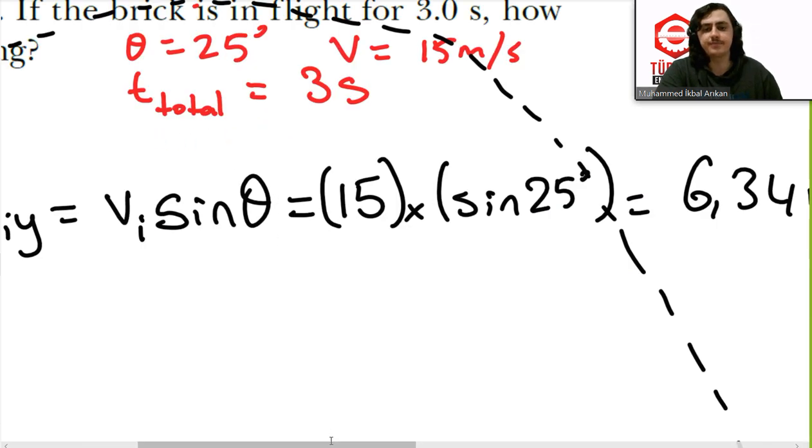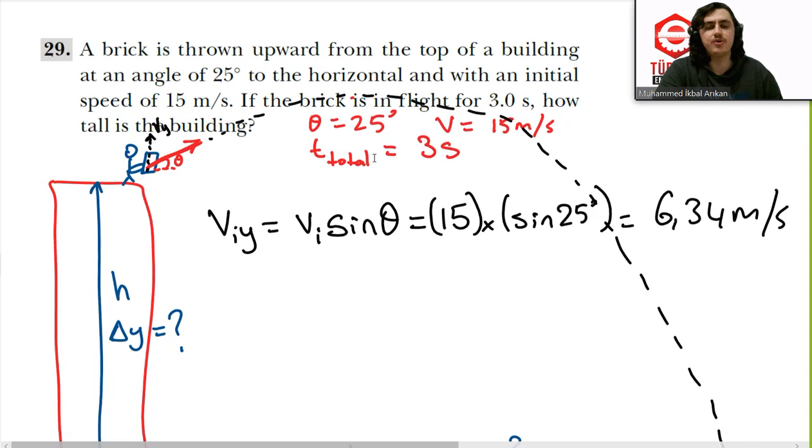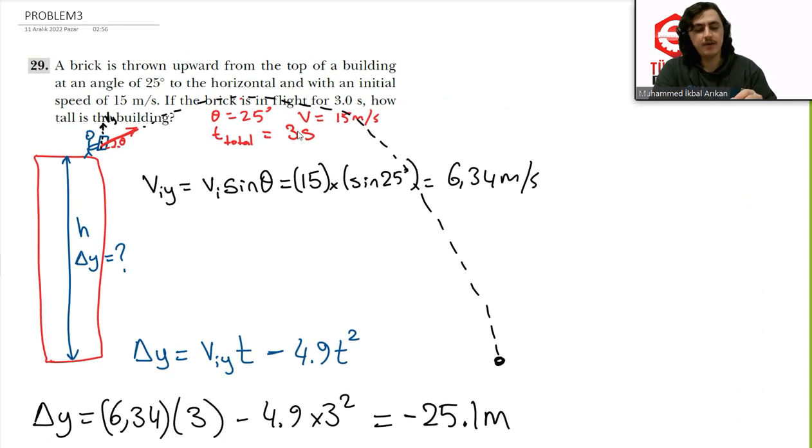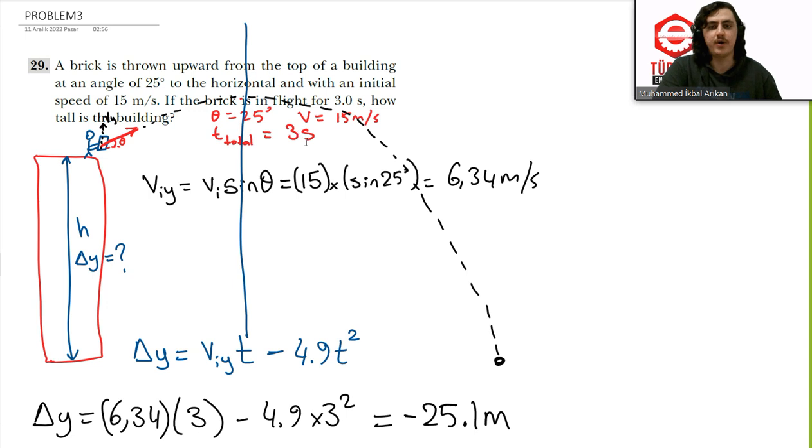Because t total of 3 seconds would be 2 times t max only if the brick starts its motion from the ground line, where it intersects with the ground.